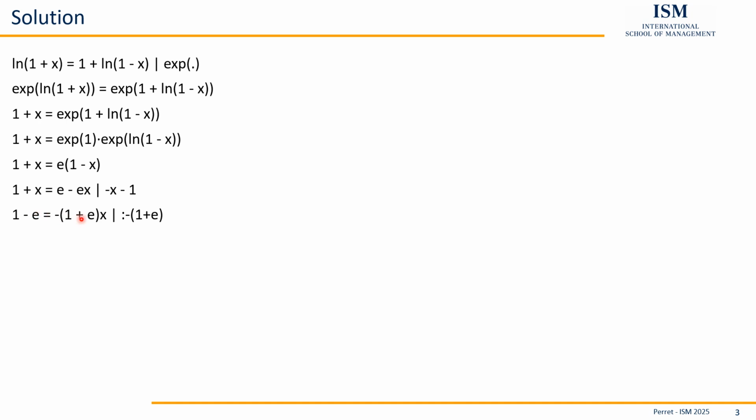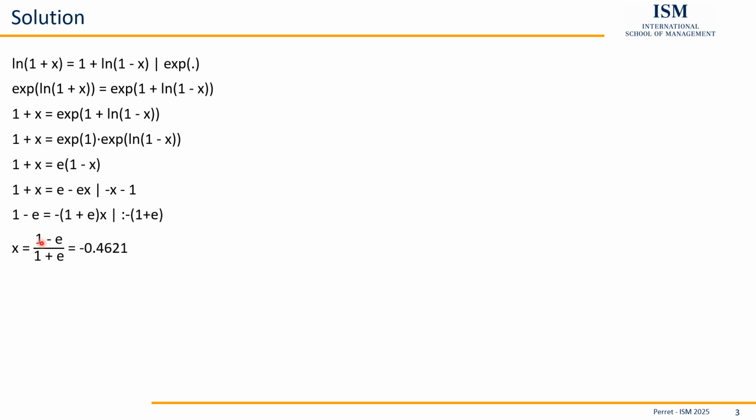Here I also factored out minus x. So I have this result here, because if I factored out minus x, I have this coefficient in front of the x. So I can simply divide by this coefficient. I will get as a solution x equal 2.